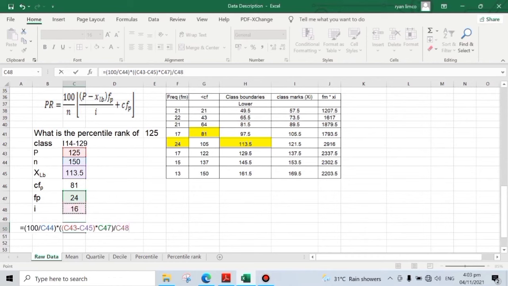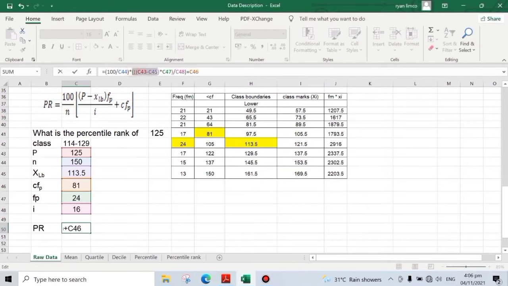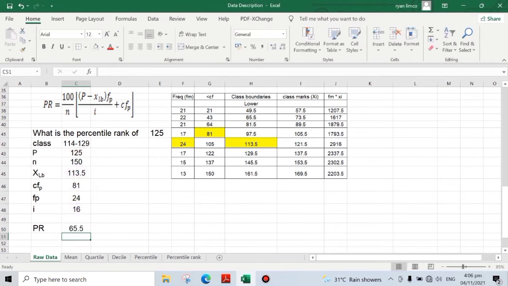Since this expression is added to CFP, we enclose it again in parentheses, and we have plus CFP. This expression is for the 100 over n, so we enclose this in parentheses, and we have 65.5.